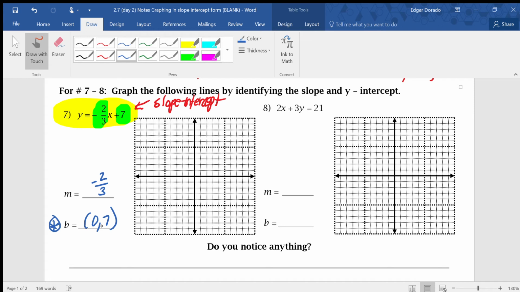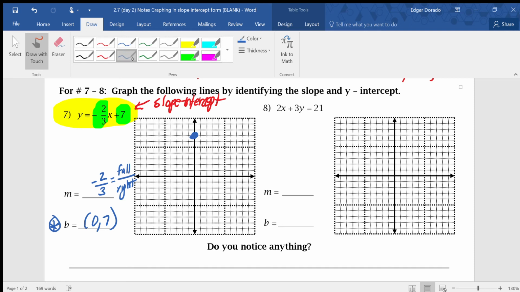So let's go to 0, 7. It's right there. Now remember, your slope is your rise over your run. So you're going to go down. You're going to fall 2, and then to the right 3.